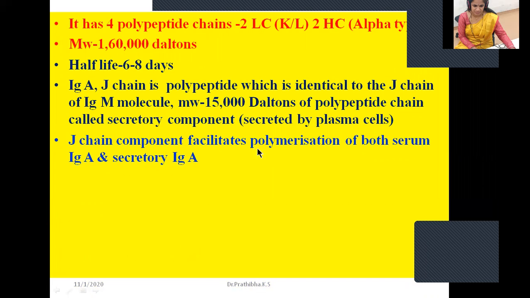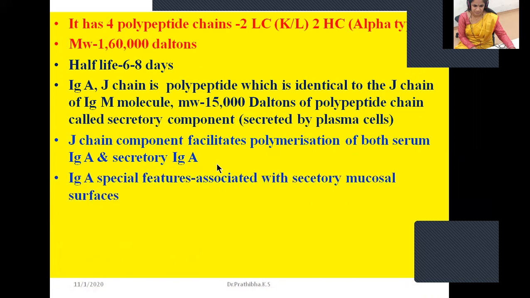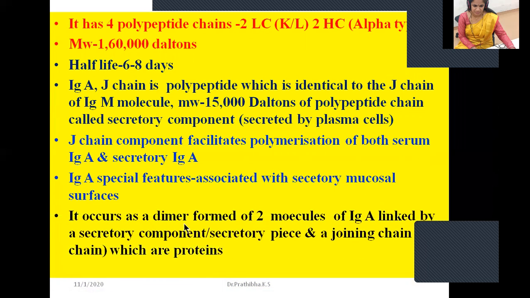The J chain component facilitates polymerization of both serum IgA and secretory immunoglobulin A. IgA has special features associated with secretory mucosal surfaces. It occurs as a dimer formed of two molecules of IgA linked by a secretory component, or secretory piece, and a J chain, that is the joining chain, which are made up of proteins.